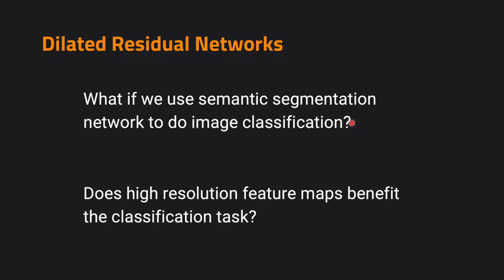The technical question behind this is, can a high resolution feature map benefit the classification task? If we preserve the spatial resolution even at a high level, will it also help the classification pick up the small details on the image?